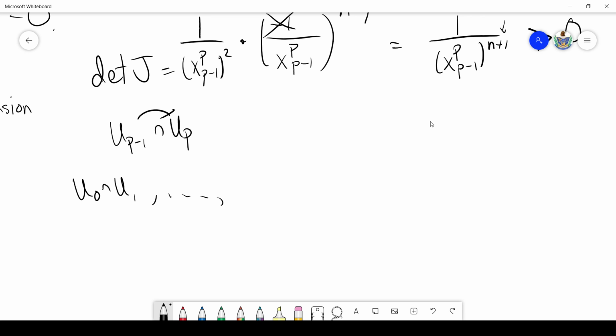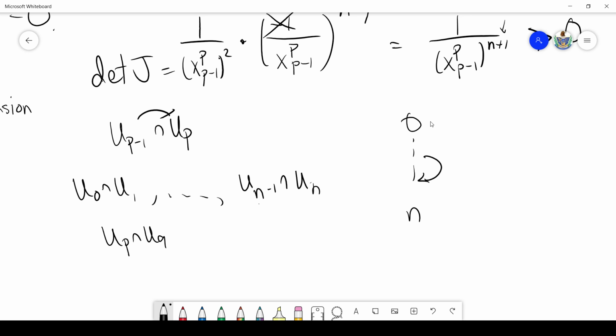And this applies for all of these charts, or all of these overlaps. And so if we want to look at U_p intersect U_q, this should be n here. These should be n's.